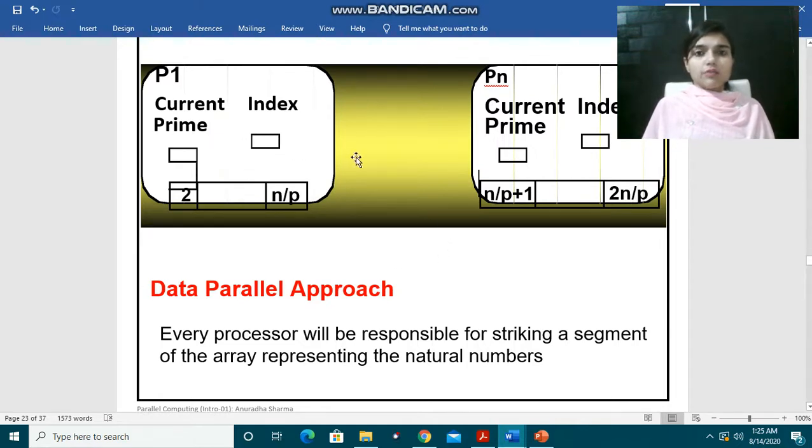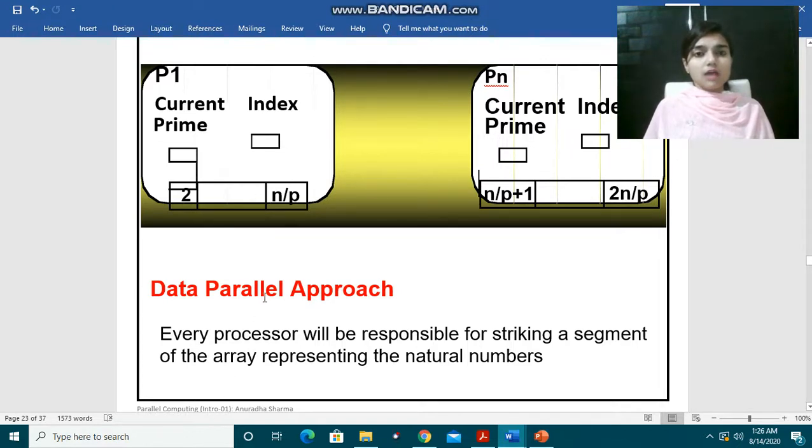So here we have n processors, from P1 to Pn, and each processor has three variables: one variable stores the current prime, another variable stores the natural number, and the third variable stores the index of the loop.